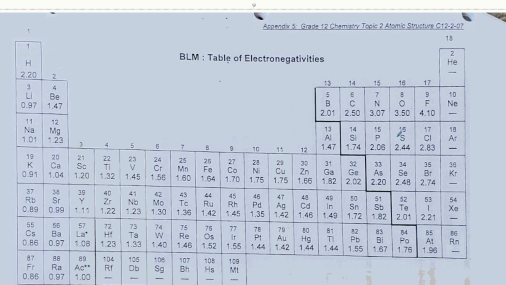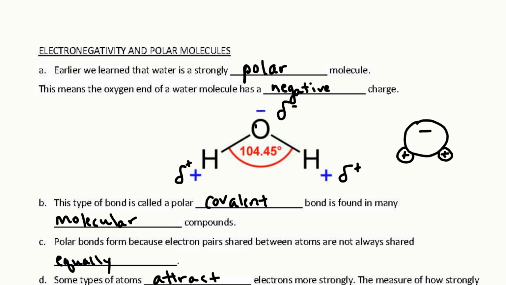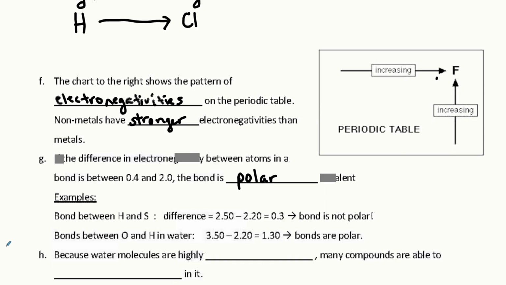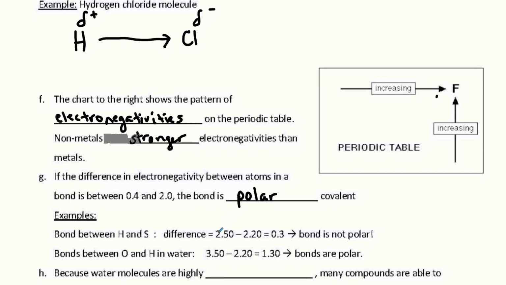Now for some reason on the notes it says 2.5, so let's just fix that. If we go down here, we've got sulfur. Let's fix this. This is actually 2.44.